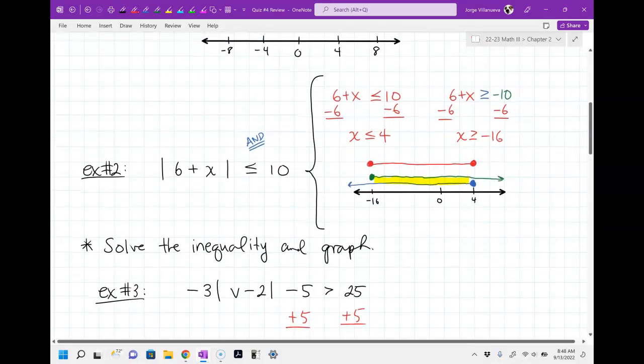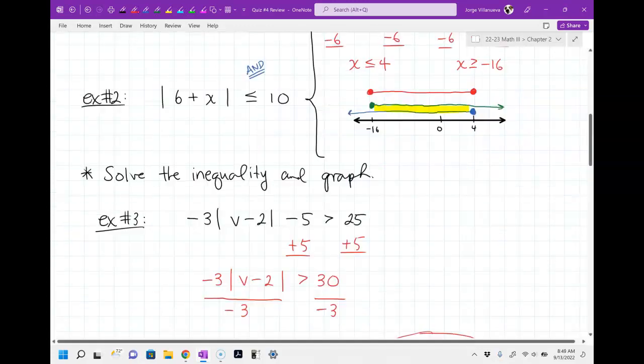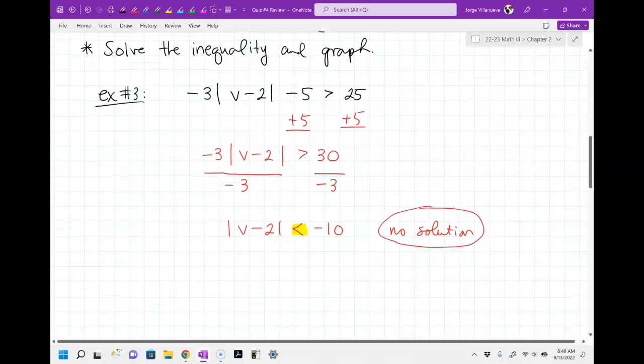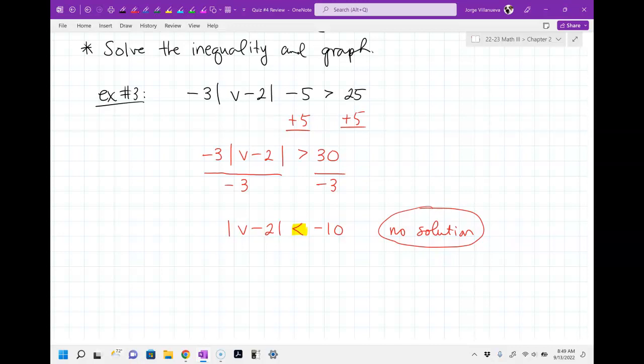Just break it up, solve, and graph. But in this case, this one was no solution. So it's one of those little things you should write in your notes: make sure that when you're done, your absolute value is actually positive. Because if it's not, then you can write no solution.